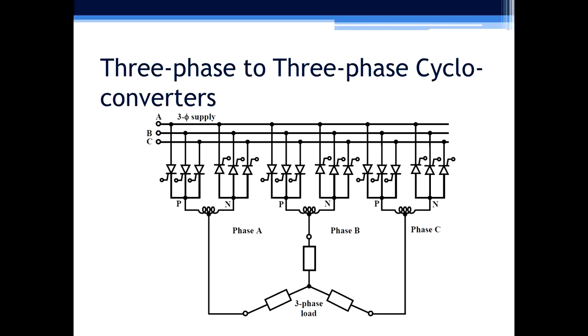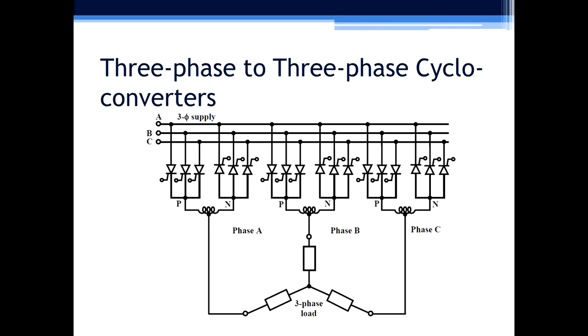Only the thing is, as we have to keep the phase shift of 120 degree between phase A and phase B, we have to keep control over the firing angle. So firing the devices of converter 2 for getting phase B will be done at 120 degree phase shift.